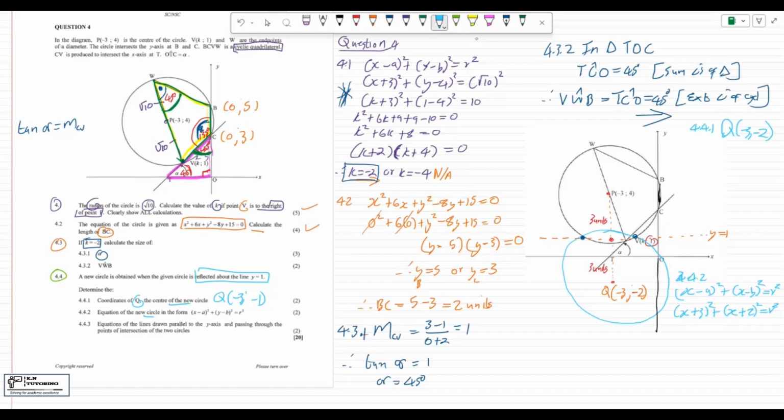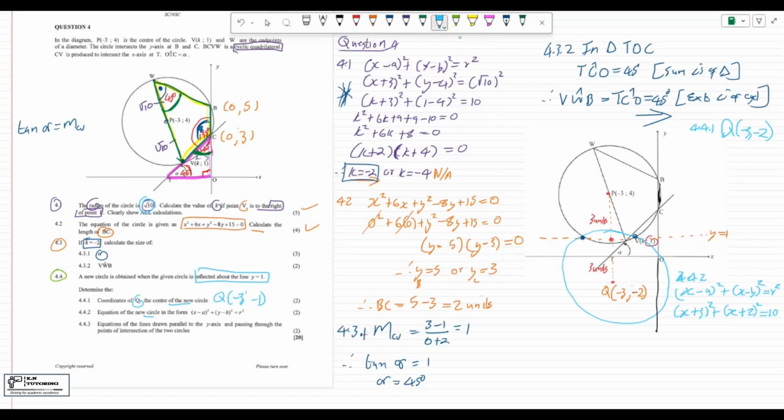It did not become bigger, it did not shrink, it just reflected. So the radius is still the same. They told me the radius of the old circle was square root 10. So even here, the radius will still be the same.